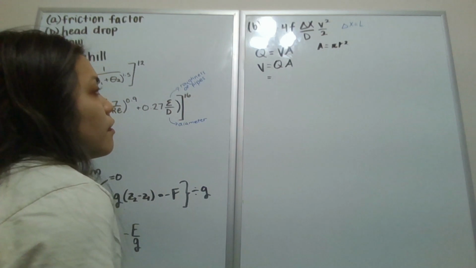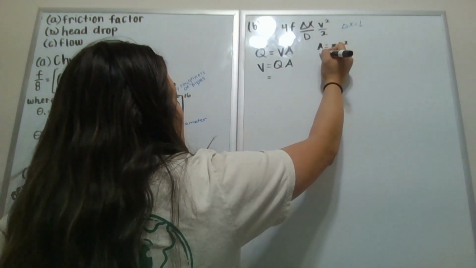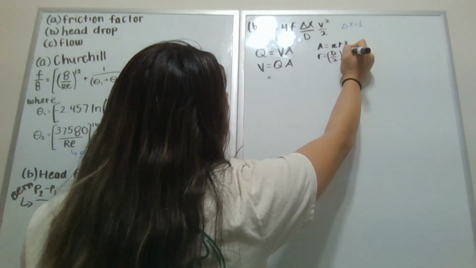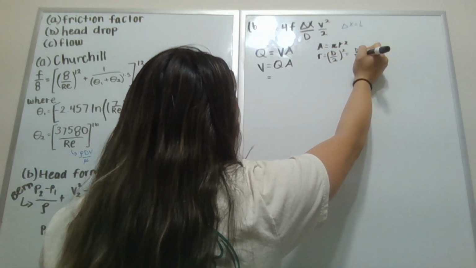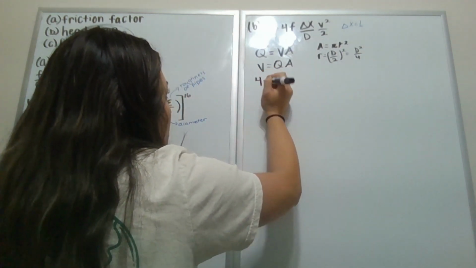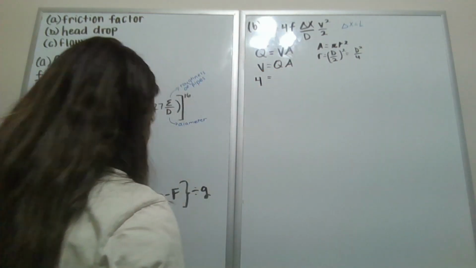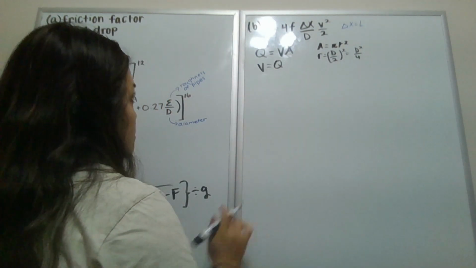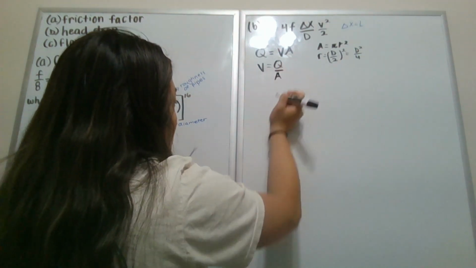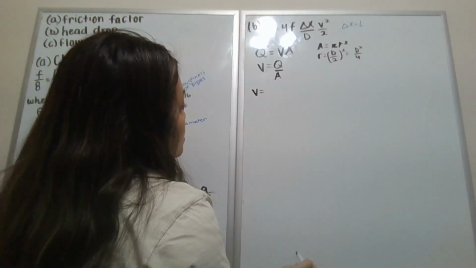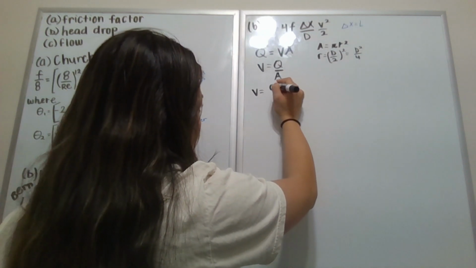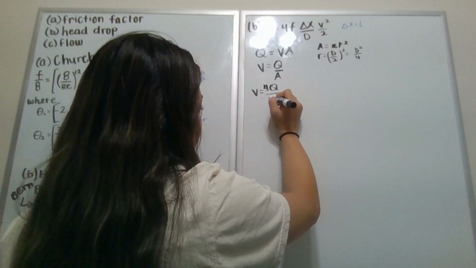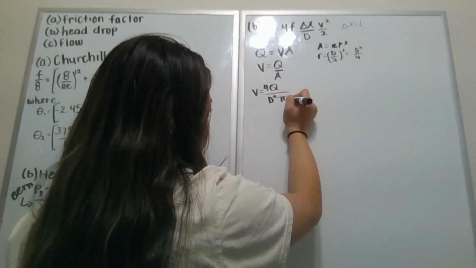Because we don't have the radius but we do have the diameter, the radius is just equal to the diameter divided by 2, so this entire quantity squared is just going to be diameter squared divided by 4. So velocity is going to be equal to the flow rate times 4 divided by the diameter squared times pi.